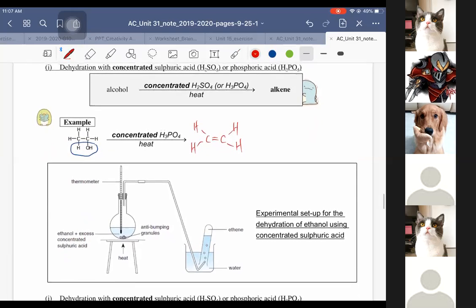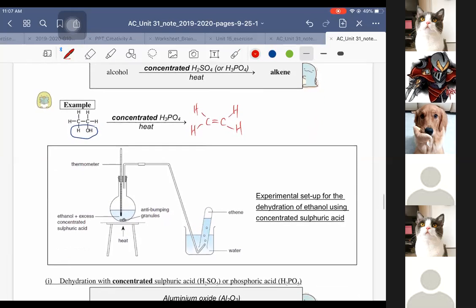And the setup we use here should look like this. We put the two solutions in here: the ethanol together with the excess concentrated sulfuric acid or phosphoric acid, and then we heat it.